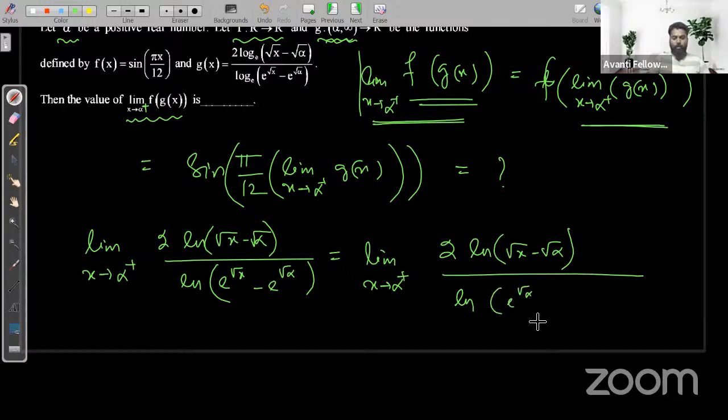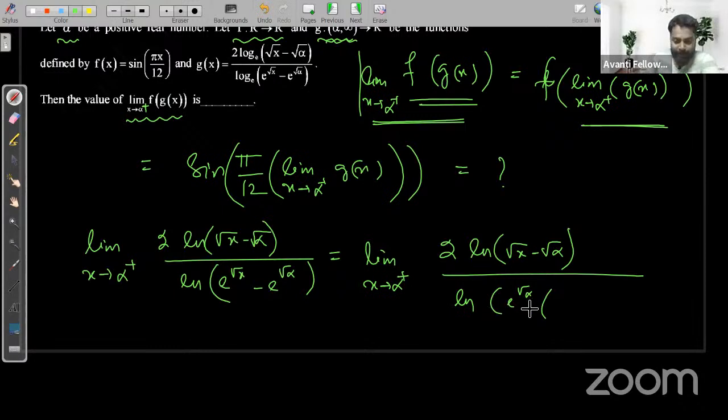Why am I taking e to the power root alpha common? Because in the numerator, in the argument of the logarithm, you have root x minus root alpha. So I am trying to make the argument of the log in the denominator also root x minus root alpha, because maybe we can use some standard logarithmic formula.